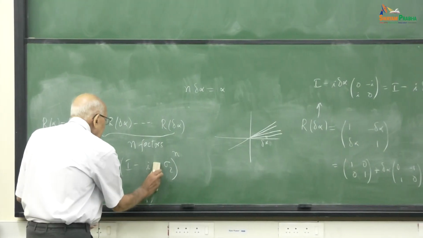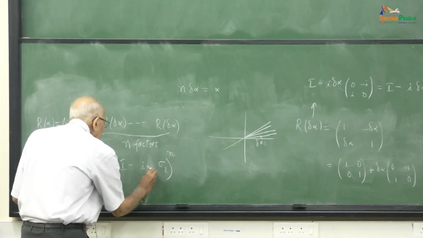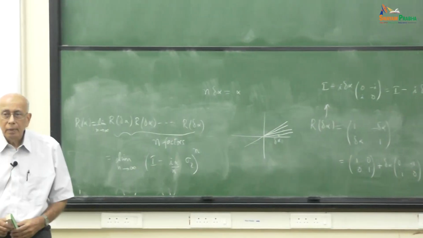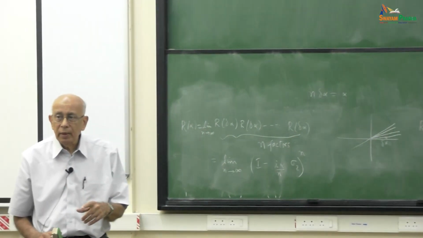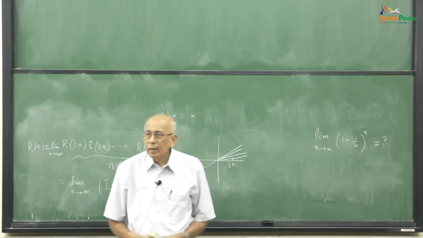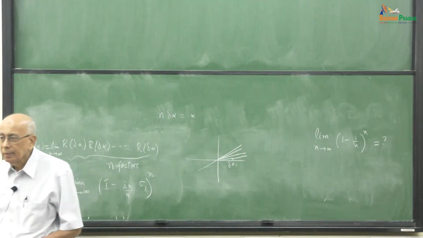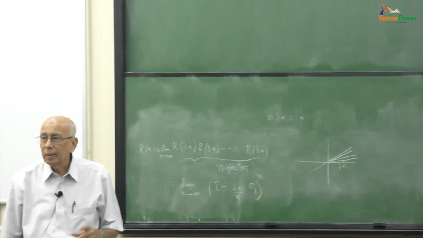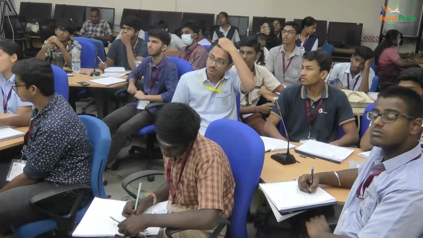So I can replace this by alpha divided by n. What is limit n tends to infinity 1 minus x over n to the power n? What is limit 1 minus 1 over n to the power n? Yeah? E, it's E. If I put a plus, it's E. If I put a minus, 1 over E.